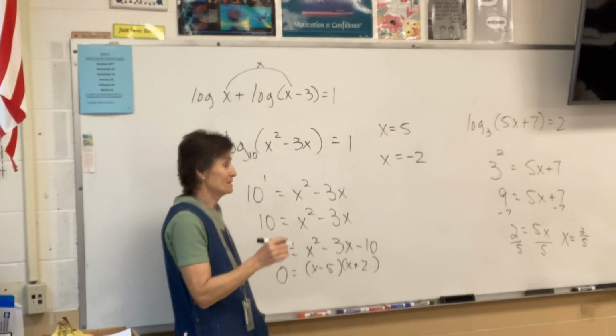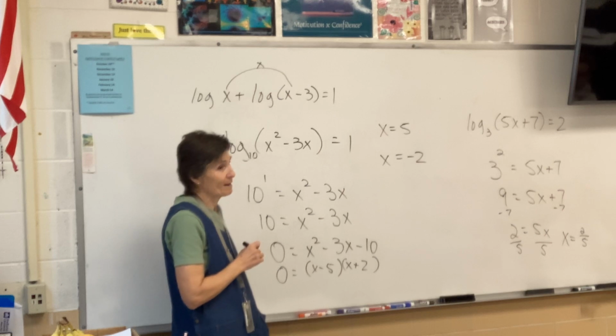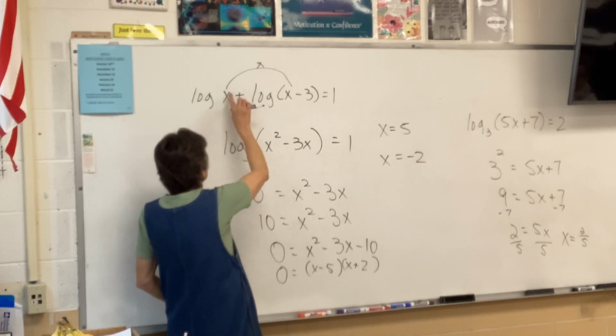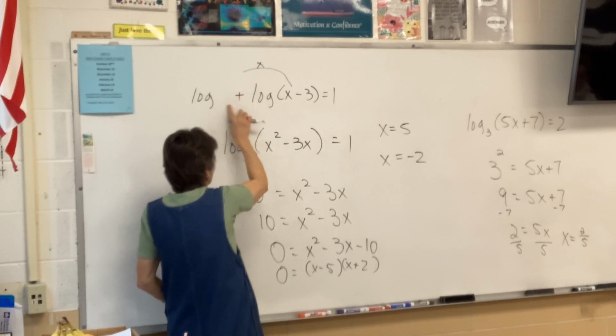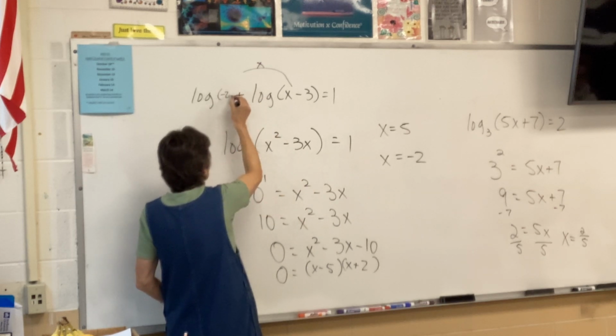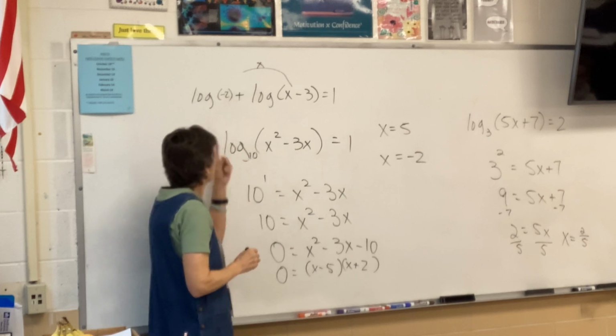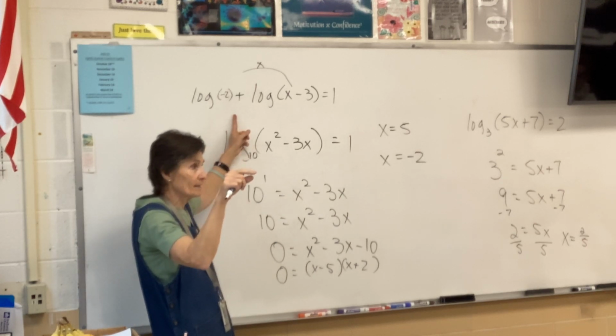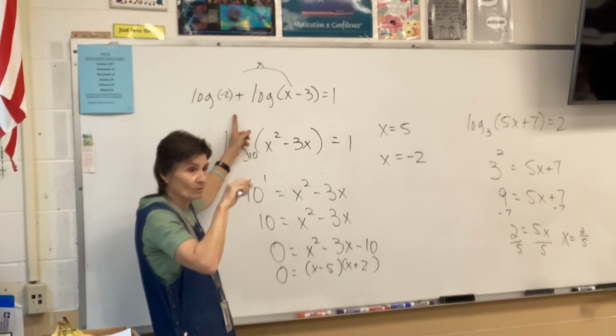Now, I'm going to dig back in that memory bank one more time. If I go back to the original problem, and I let x be negative 2, is that possible? Think about that. We were typing these in on our calculator, and what did we discover when we were typing them in?